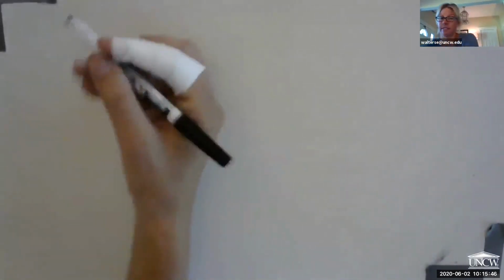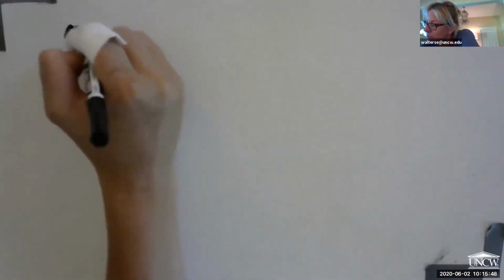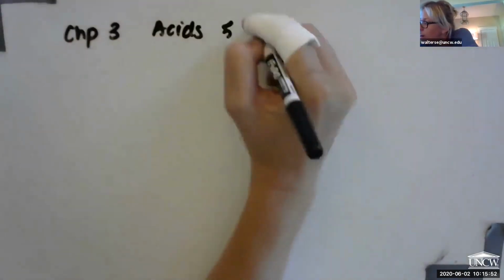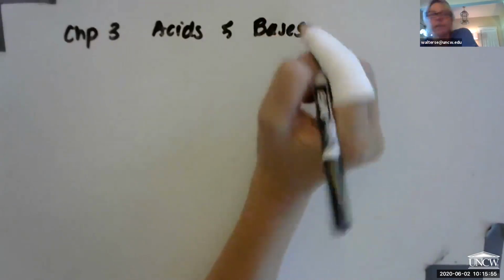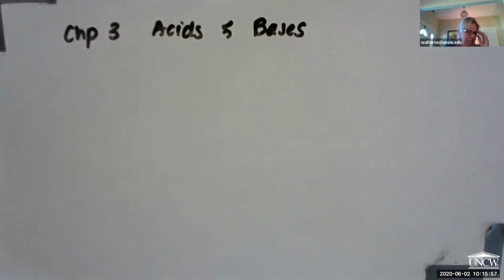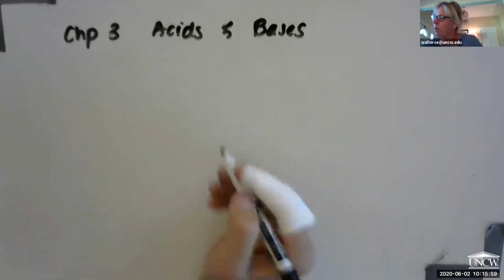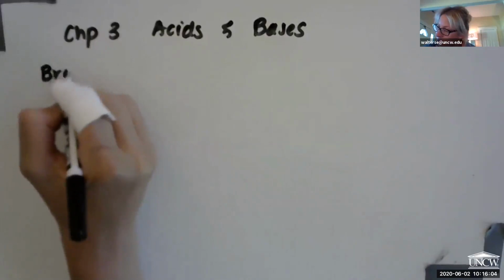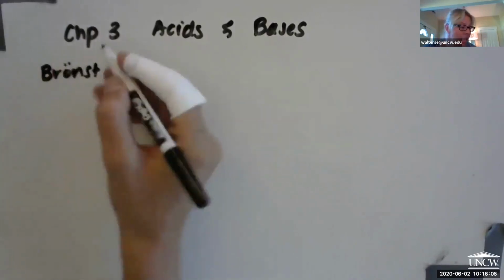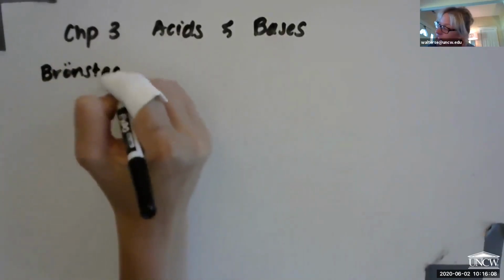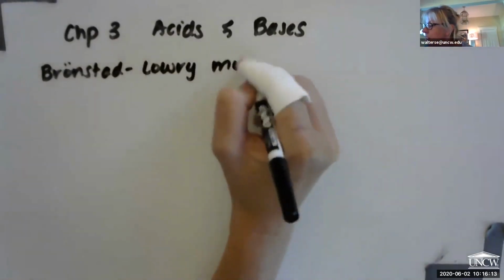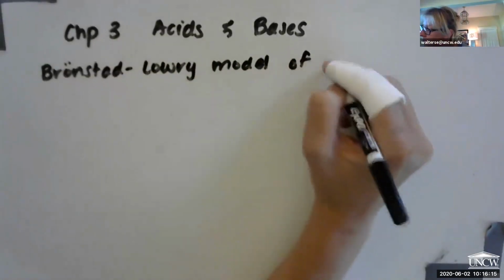Okay, so chapter 3 is acids and bases. We're going to start with the Bronsted-Lowry definition, or the Bronsted-Lowry model of acids and bases.